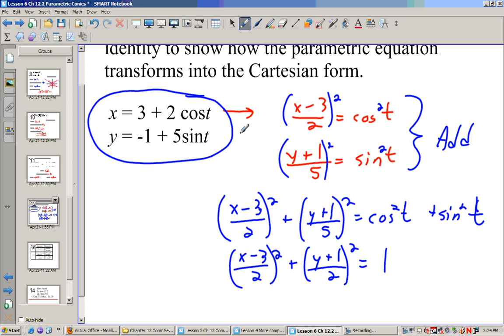But when we solve these and bring it into Cartesian form, which we're more used to, it modifies this so it doesn't work how we want it to. And you can see here when we had to solve for our sine t and cosine t, we subtracted 3, and that's how we got x minus 3.